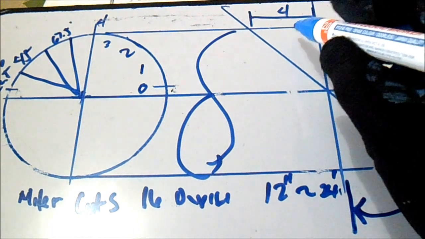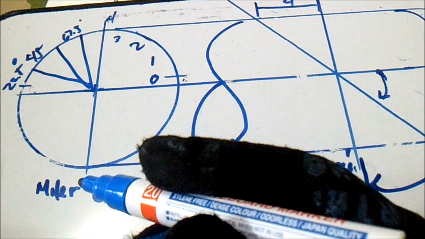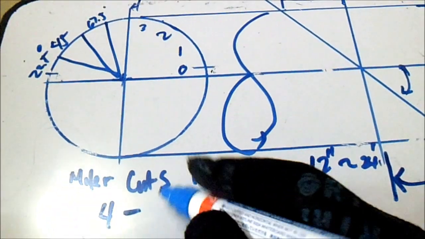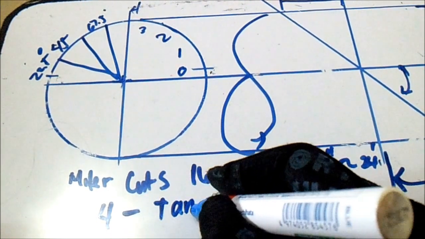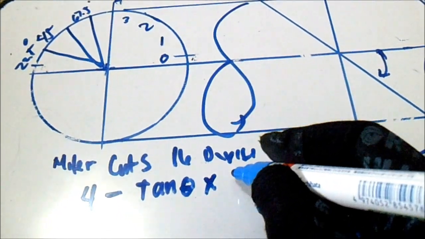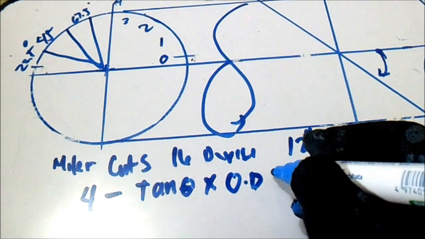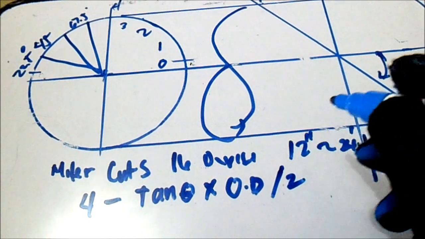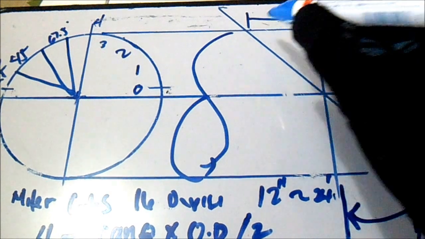To get the line number 4 dimension, it is the tangent, multiplied by the OD of pipe, divided by 2.